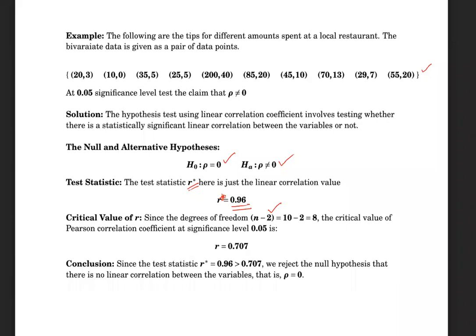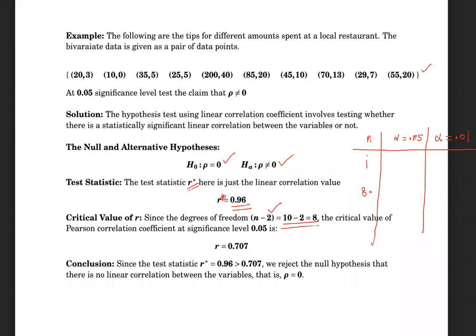And then you can see the Pearson correlation coefficient values for different alphas. Across the top, you have degrees of freedom n, then alpha is equal to 0.05, and then alpha is equal to 0.01, and you have values like this. So go down the degrees of freedom and look for 8, because we have 10 pairs of data. So degrees of freedom is 10 minus 2, which is 8.